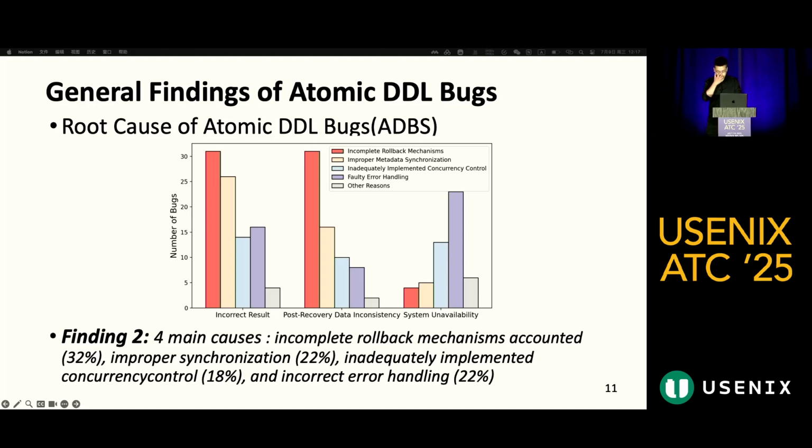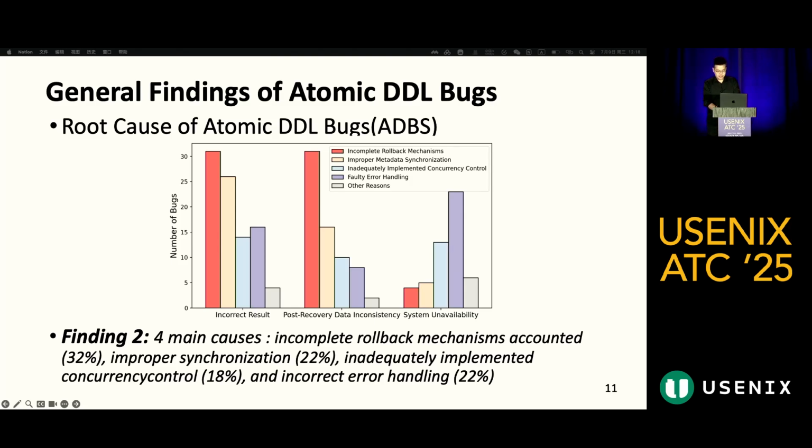For the second finding, on the root causes of atomic DDL bugs, we manually checked each bug report and further identified several underlying causes that directly contribute to the manifestations described earlier. We discovered that all the ADBs are caused by implementation errors of atomic DDL. Specifically, 4 main causes of ADBs are identified with the following distribution.